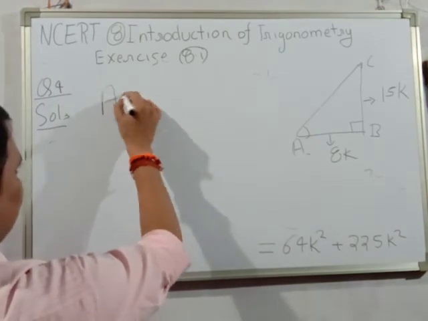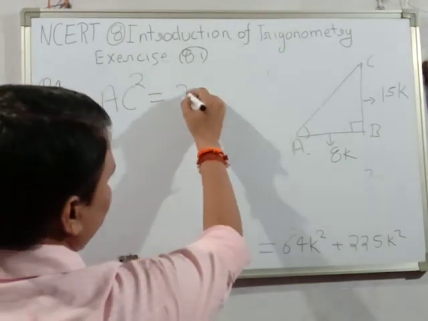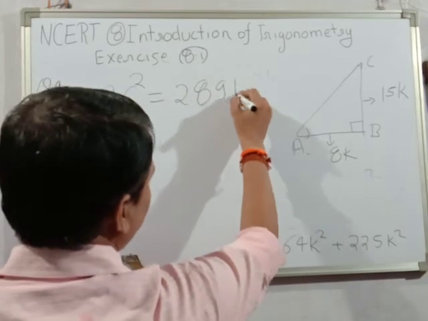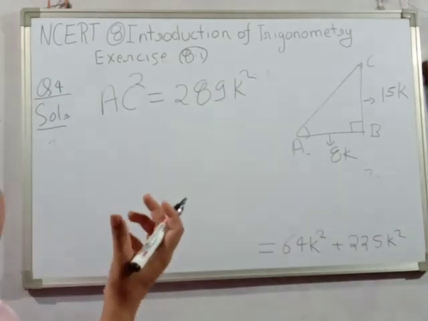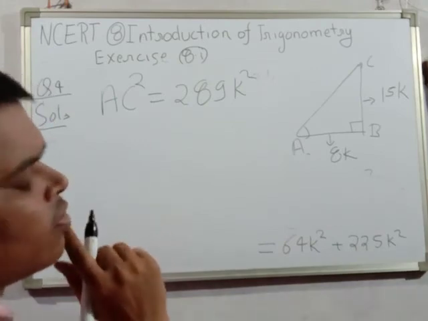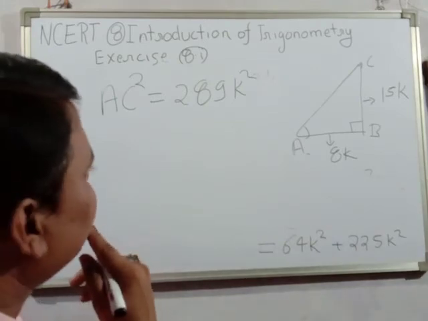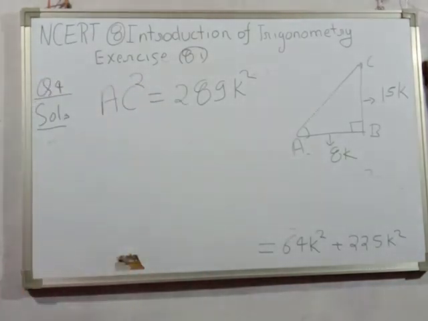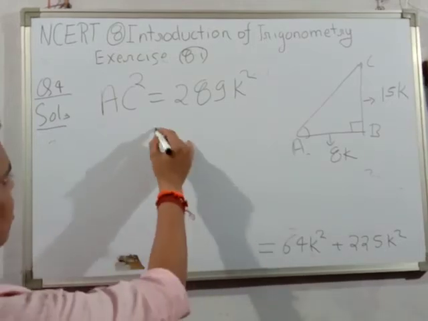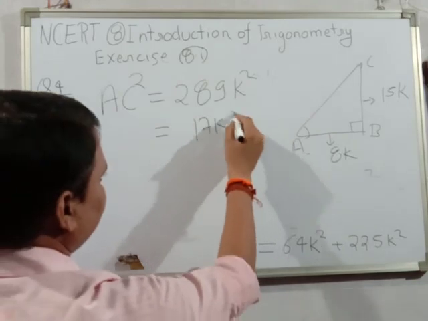So AC square is 289k square. 289 is a square of 17.